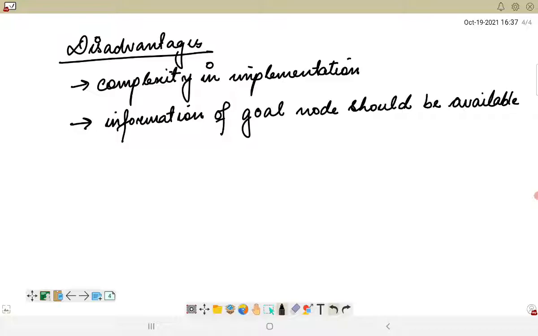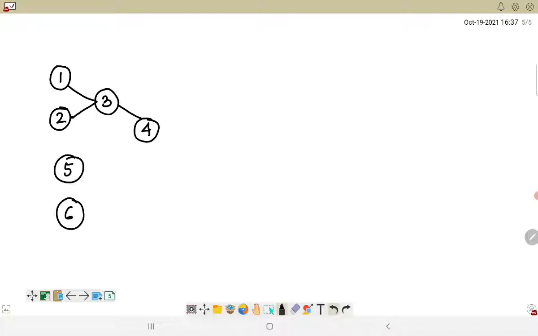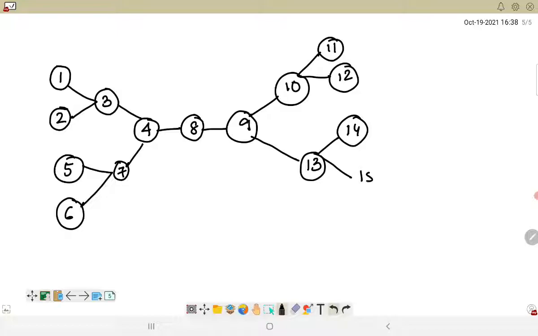Now let us consider a small example. Suppose I have a graph something like this: 1, 2, 3, then this is connected to 4, 5, 6, 7, 8, 9, 10, 11, 12, 13, 14, 15.